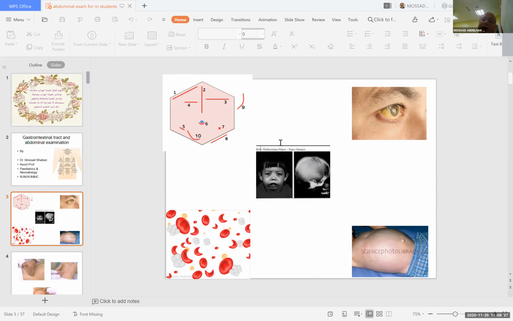So by one observation, you can diagnose a lot of cases. By just a scar, you will ask yourself, if this patient has this scar in the left hypochondrium, which can be the splenectomy scar, you mustn't miss it. Okay? So be a good observer, please.